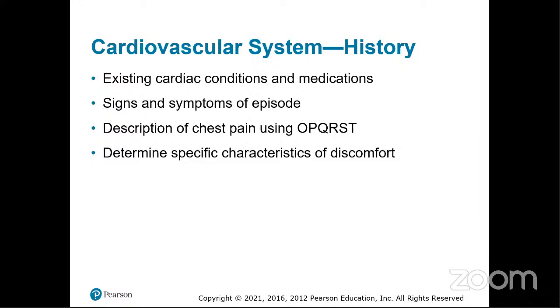What would you guys expect to see as a sign or symptom of somebody having a heart issue? Some swelling and sweating. Pale? Go ahead, Bay.